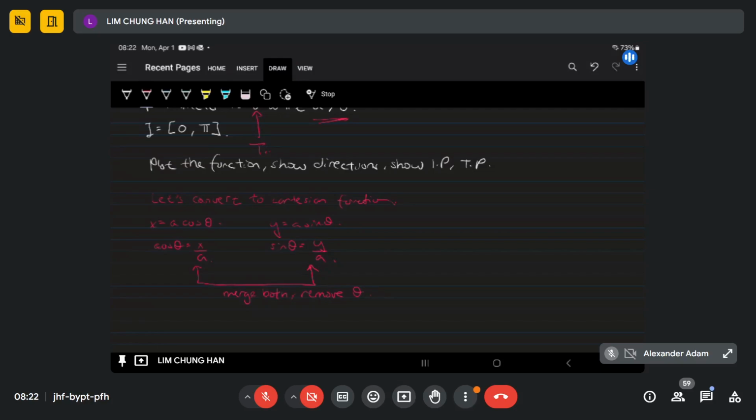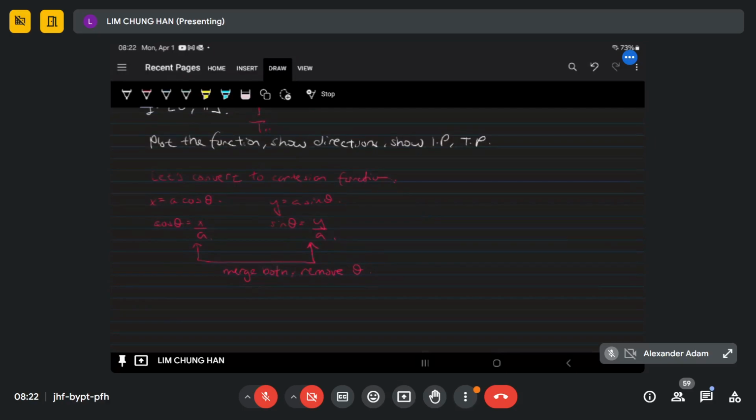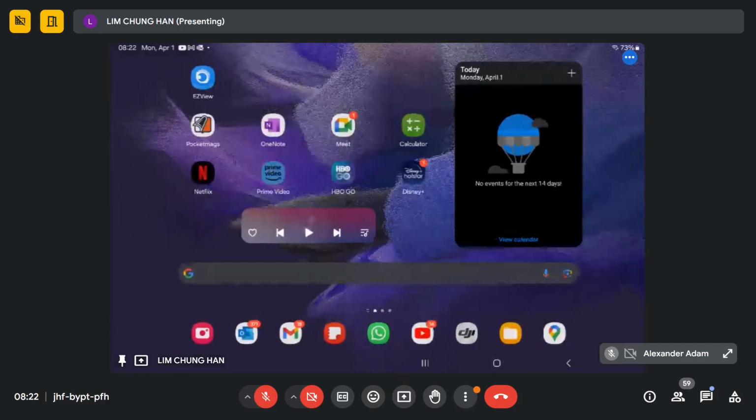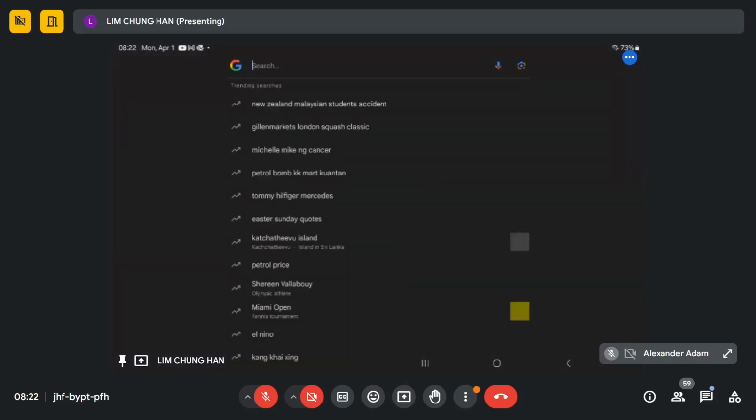So how are you supposed to combine cos theta with sin theta? There's this thing called trigonometric identities. Do you remember your trigonometric identities? Yes? No?